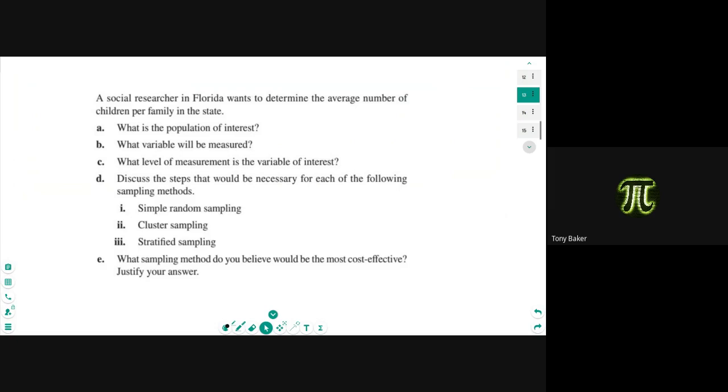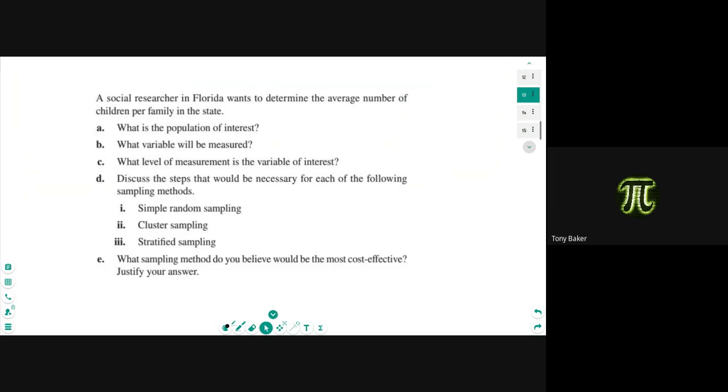But there is a problem with that, and that goes back to how we would do a stratified sampling. Remember, Florida is typically the retirement state, right? A lot of people go down there after they retire, if their kids aren't with them. What if you clustered it by different school districts?